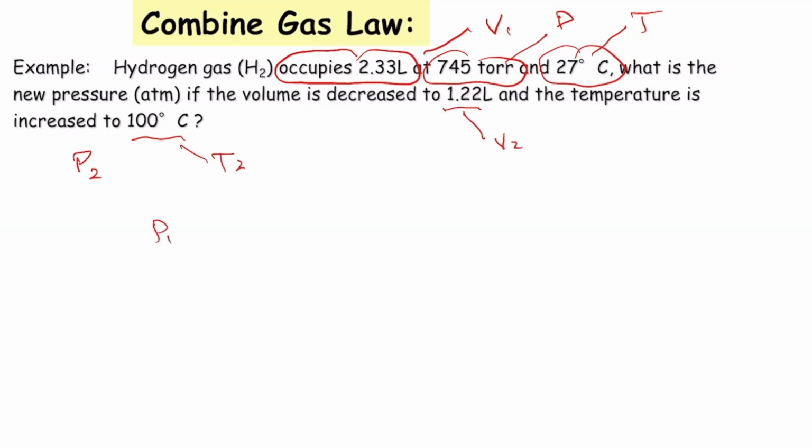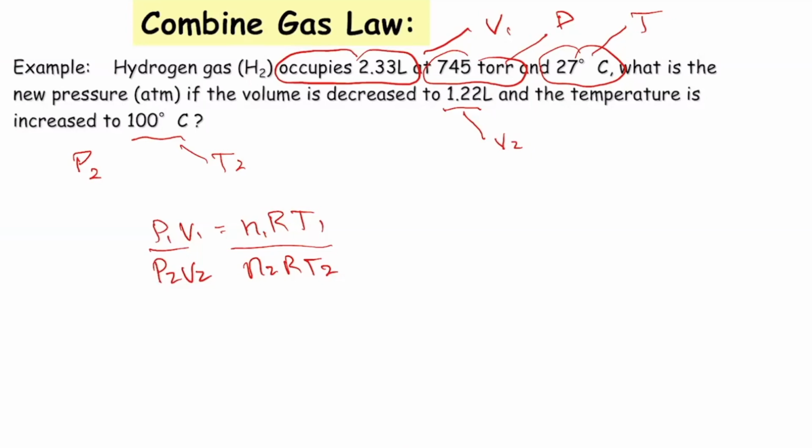P1 V1 equals nRT1. Okay, this is the combined gas law. P2 V2 equals n2 RT2. And we can do this because under the first condition, it's going to obey the ideal gas law. Under the second condition, it's going to obey the ideal gas law. So that's what we are doing right here.